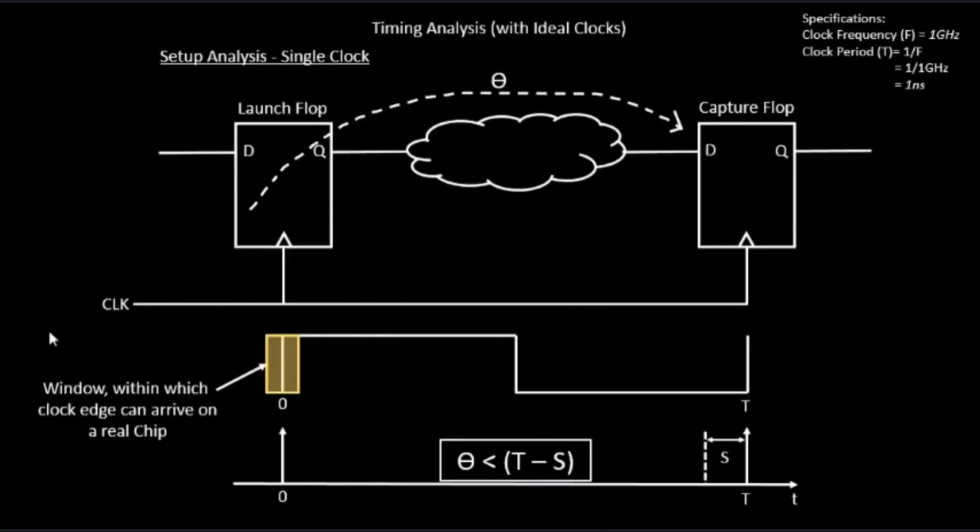It might have its own inbuilt variation, and due to that it might provide a clock edge which can come exactly at 0, or somewhere before 0, or somewhere after 0. And similarly the second clock edge that the clock source sends to the circuitry can arrive at t nanosecond, or before t nanosecond, or somewhere after t nanosecond.